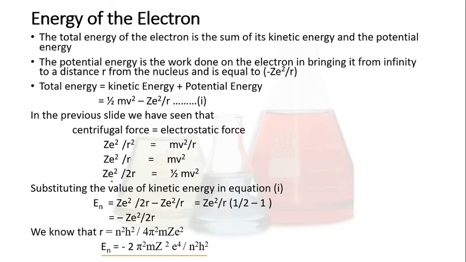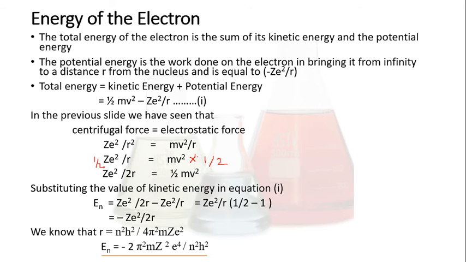So now what we will do? Taking the multiplying by 1/2, here I will multiply by 1/2, and here also I will multiply by 1/2. So what will we get? Z square upon 2r, which is equal to half mv square.